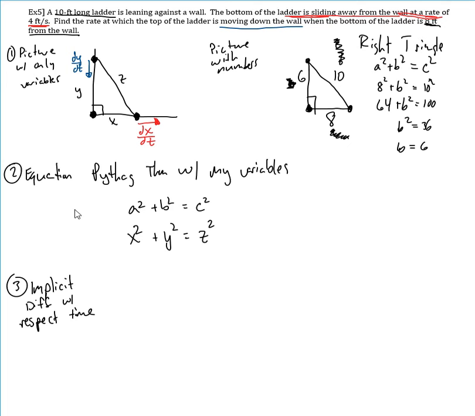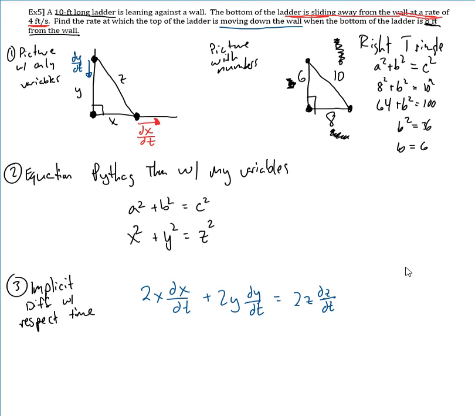So its derivative is 2x. And remember, as soon as you do the derivative, just attach dx dt to it, or d whatever dt. And then we have plus 2y, and then we would attach dy dt equals, now derivative of z would be 2z, and then dz dt. Okay, so there's our derivative.